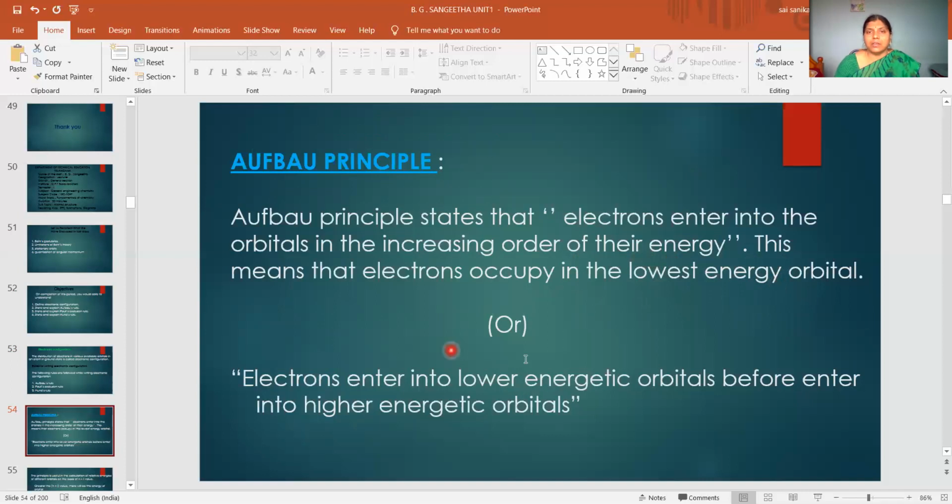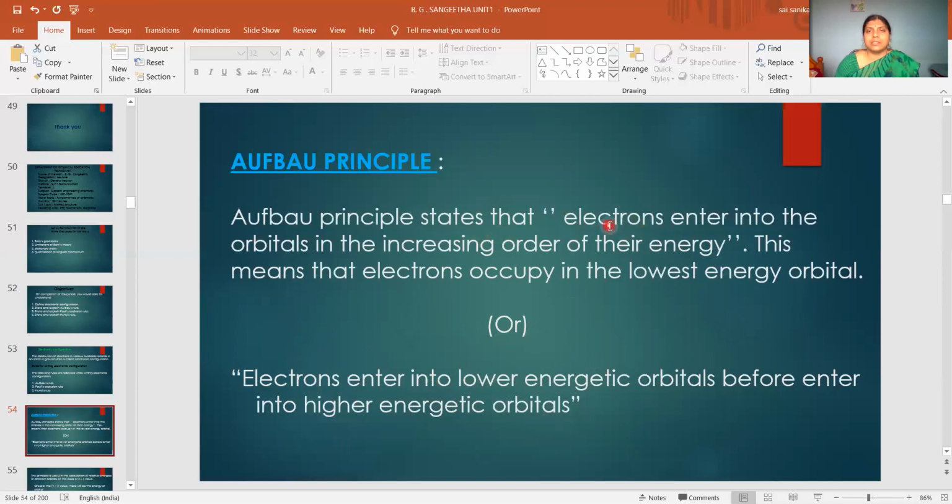You can give the Aufbau statement in another, simpler way also: electrons enter into lower energetic orbitals before entering into higher energetic orbitals. Before entering into higher energetic orbitals, they will go to the lower energetic orbitals. That is the statement of the Aufbau principle.